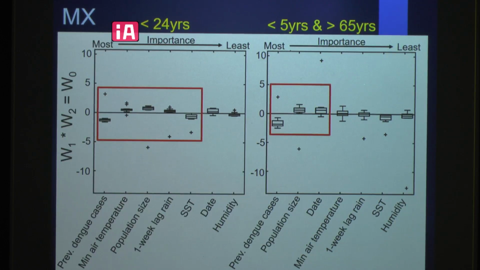All of these variables are well correlated with what they do to the number of cases, whether they increase or decrease them. For those younger than 5 and older than 65, only 3 variables were selected by the model. These were demographics, population size and previous dengue cases, but it also selected date. The reason date is included here is that cyclic pattern I mentioned in my first objective: you're always going to have dengue fever cases taking place at the same time of year, but the magnitude is going to change.